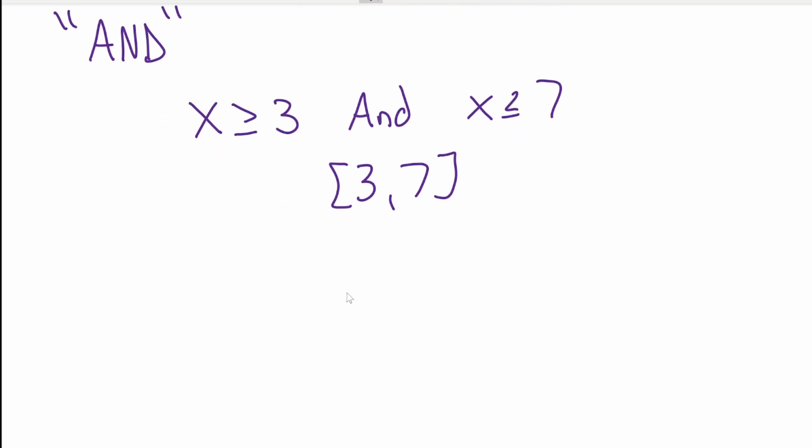Sometimes we like to write "and" inequalities all in one line. So we might write 3 is less than or equal to x is less than or equal to 7. This is a convenient notation, since we're just putting it all into one thing. It looks a lot nicer and is easier to read maybe, but it's a little harder to solve equations this way when you have all these moving pieces.